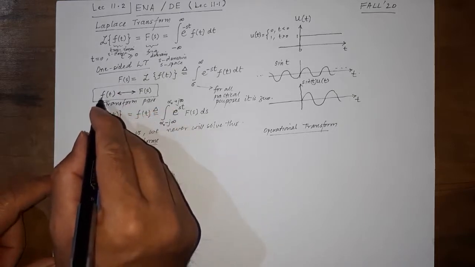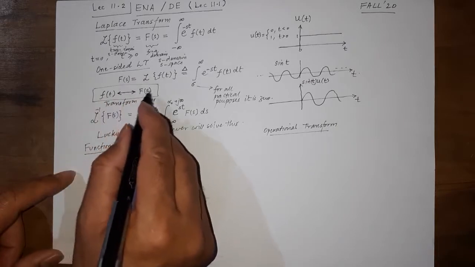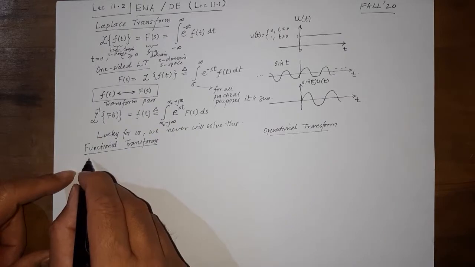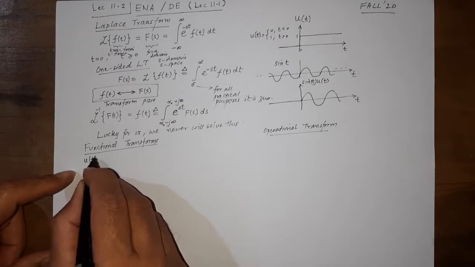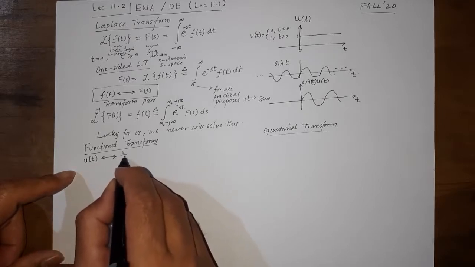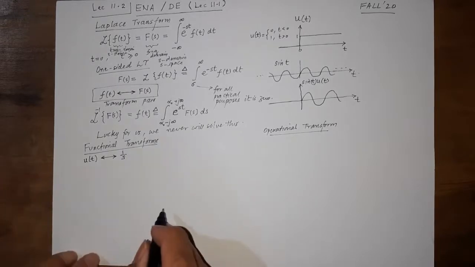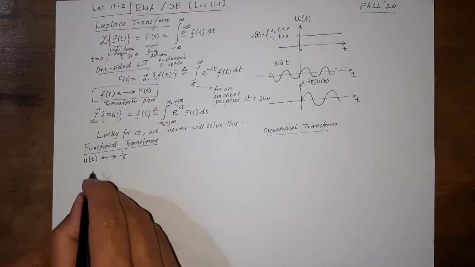What does that mean? On the left hand side, we have the time domain function. On the right hand side we have the frequency domain function. So let us see that the Laplace transform of u(t) is 1 over s. How? All we are going to do is solve this integral.